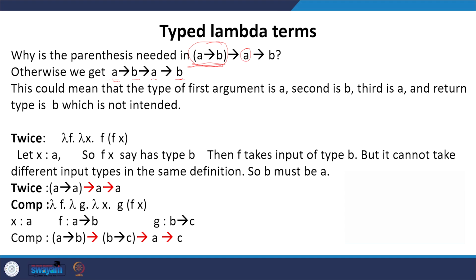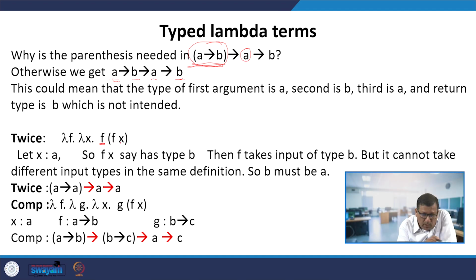Now consider the twice function. That means the apply function, now we are applying it one more time, f of f of x. Now we want to find the type of this function twice. So x is as before, a variable, so we say x has type A. Then f x, x takes input A, output should be B. So f x has type B. That means f has type A arrow B. If that be the case, then the outer f input will be B and it will be B arrow C. But in the same definition, the argument types of that function cannot be different.